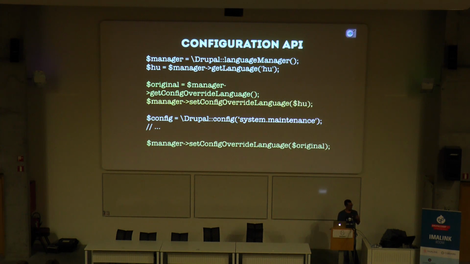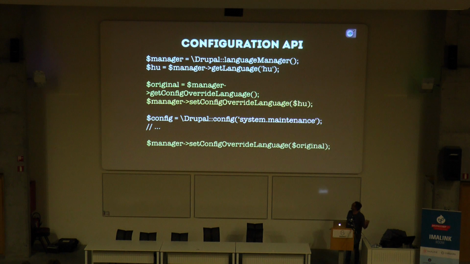You can call the language manager and get the language, and then in the language manager, you can get the config override itself. So you can set which config override you want to use, and then calling the Drupal config method will return the config for that language, no matter with which language your page was negotiated on.